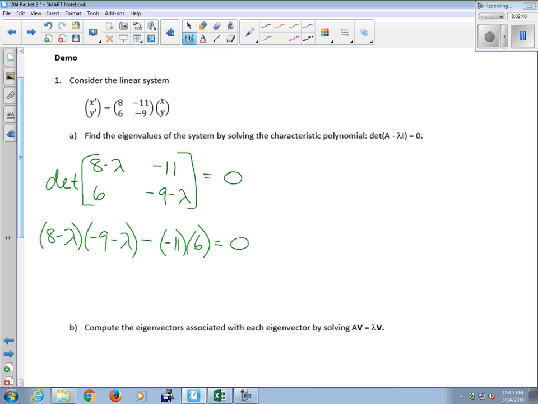And then this is going to end up being quadratic, so I'm going to have to FOIL, combine like terms, and have my fingers crossed the whole time that it'll factor. And it will. So this comes out to negative 72, minus 8 lambda plus 9 lambda is plus lambda, squared, plus 66 equals 0.